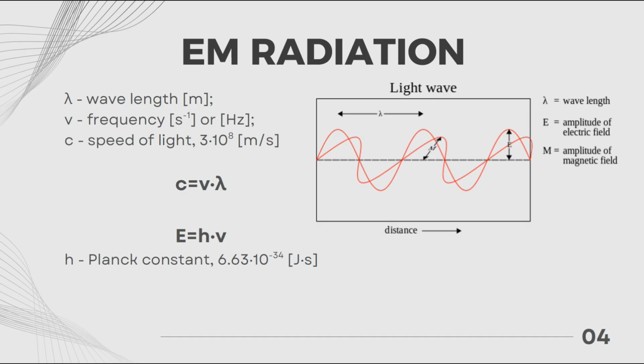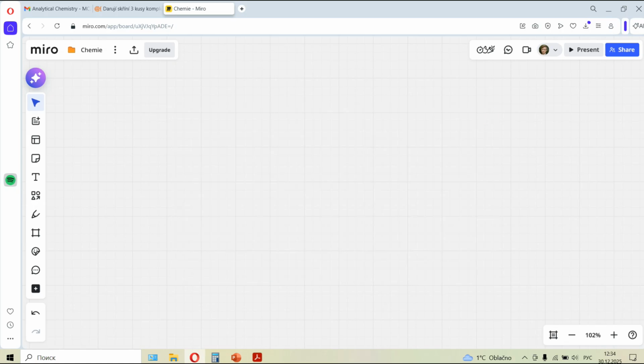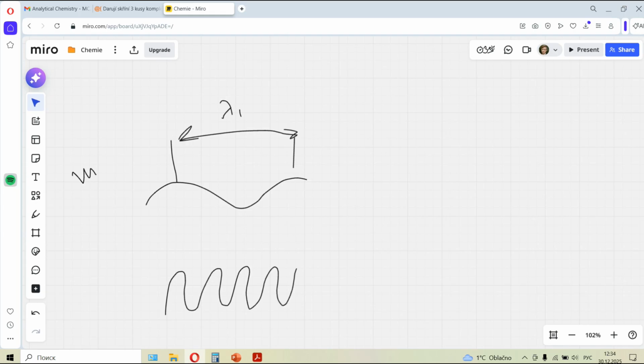So let us try to draw this just to understand. If we have a wave of a big wavelength, lambda 1, let's draw another wave with a quite smaller lambda.